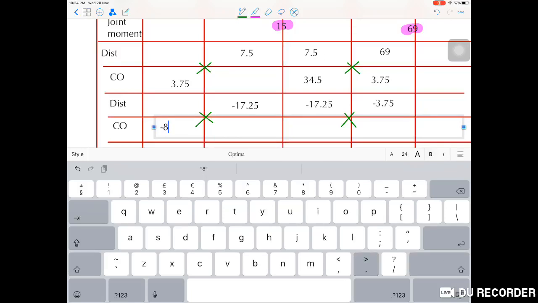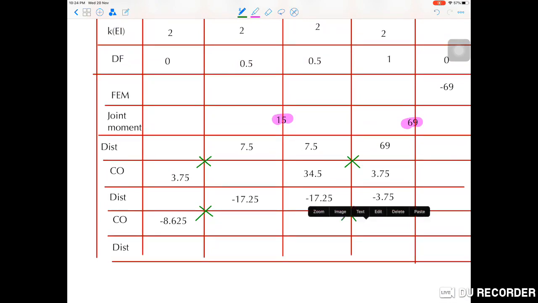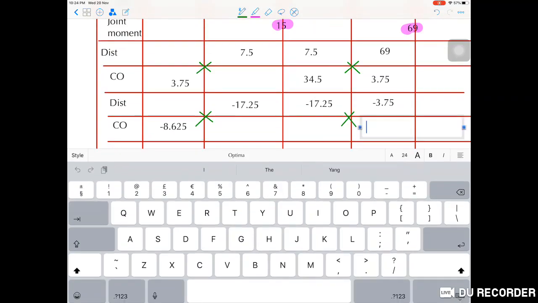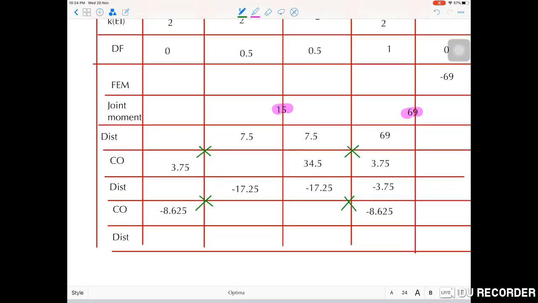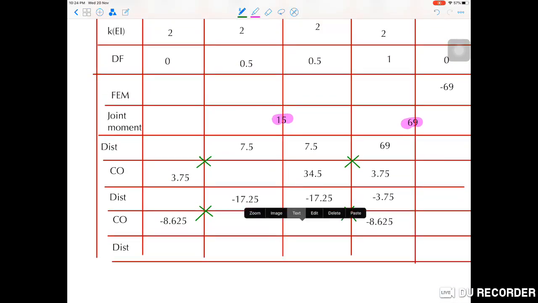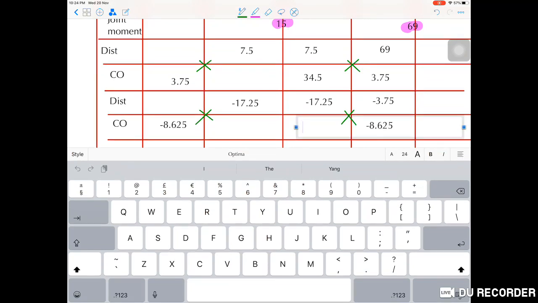Negative 8.625. Negative 8.625 is negative 1.875.